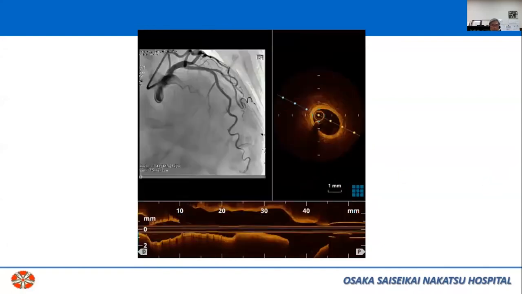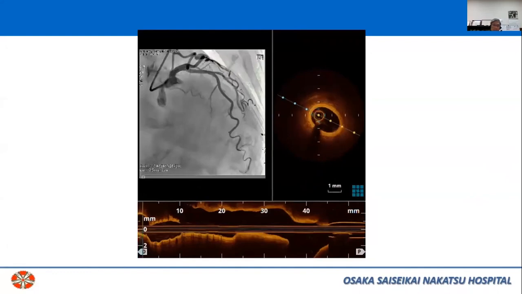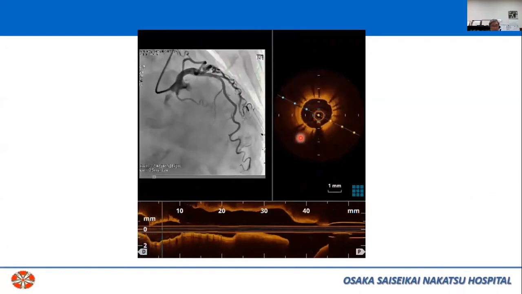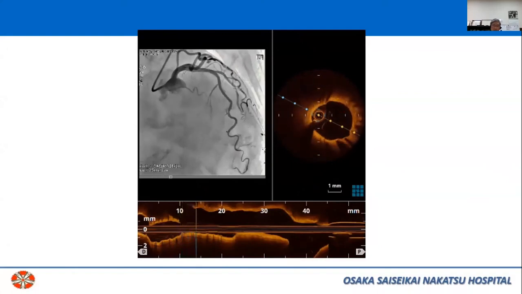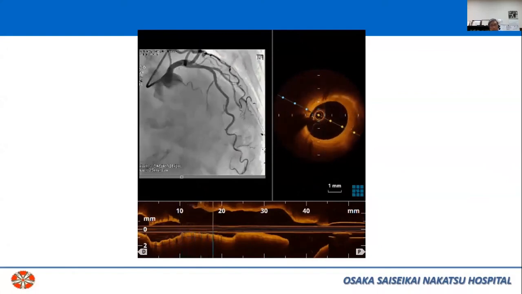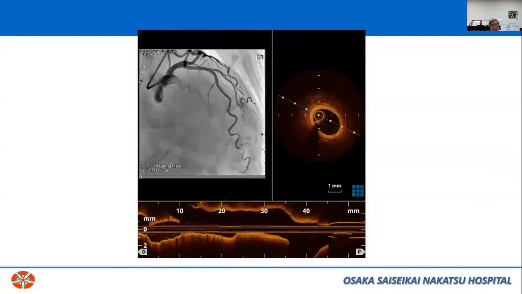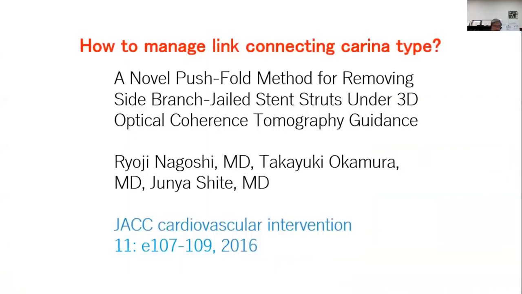And pullback from the diagonal branch, you see no restenosis at the orifice of the diagonal branch. Thus, I have shown a link-free type stenting procedure with a beautiful result.